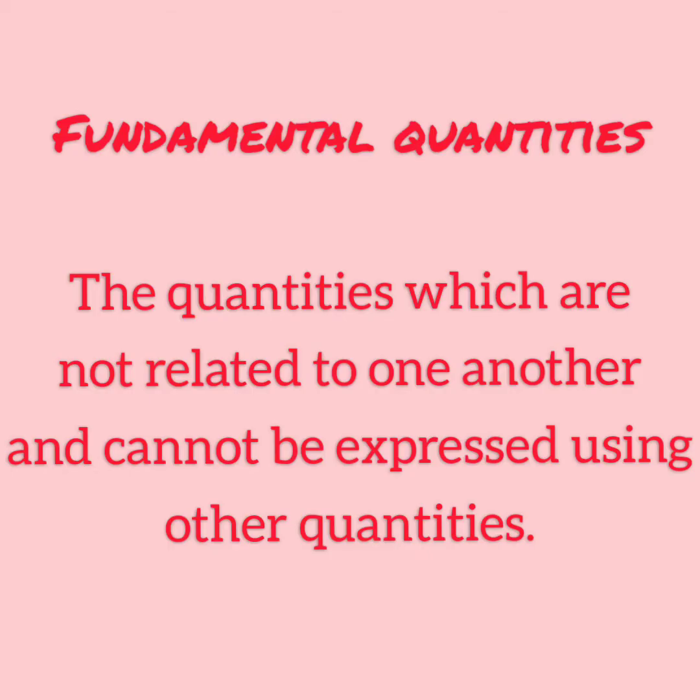Now we have seen length, mass and time. These are all examples of fundamental quantities, and fundamental quantities are those quantities which are not related to one another and cannot be expressed using other quantities. That is, fundamental quantities are the basis of all measurements.